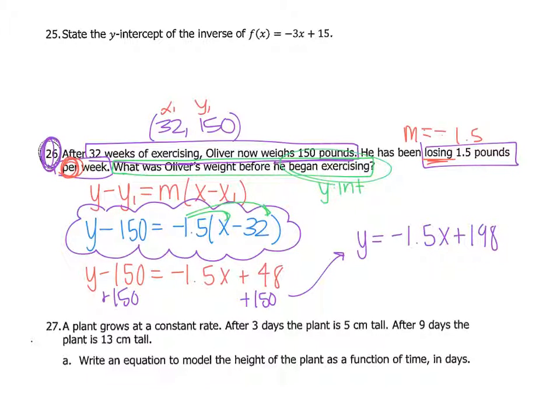So then we have negative 1.5x plus 198. Remember, we're looking for his weight when he began exercising, which means the y-intercept. So initially, he was 198 pounds. Then he was losing 1.5 pounds every week for 32 weeks.